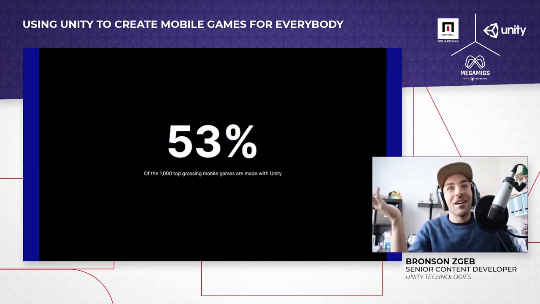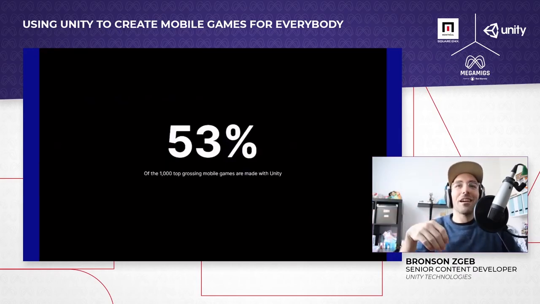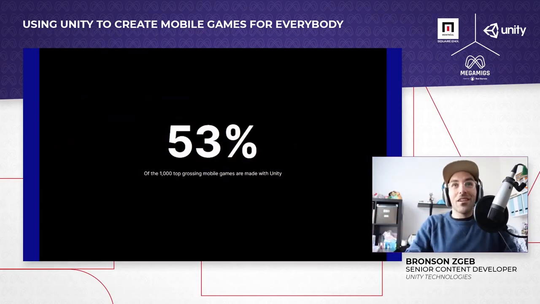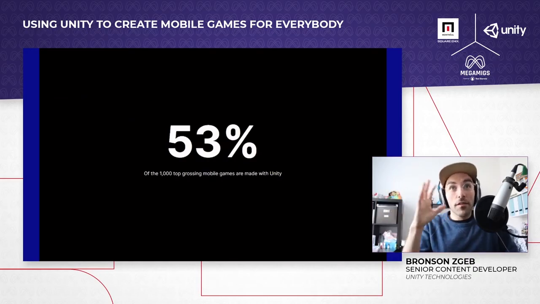Also, by the way, 53% of the 1,000 top grossing mobile games are made with Unity. The only reason I'm bringing all this up is to let you know that Unity is very mobile focused. Most of Unity's customer base are mobile developers.